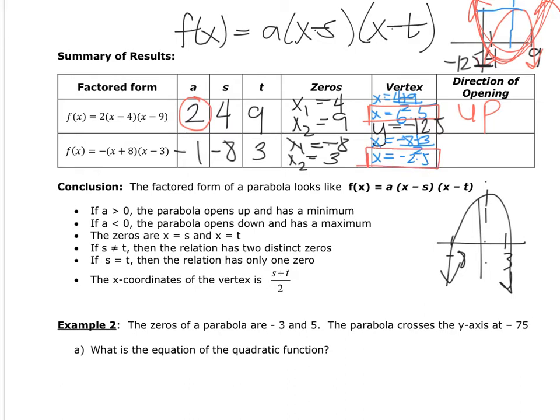So right over here, I've got negative, instead of x, I'm going to write negative 2.5 plus 8, and then negative 2.5 minus 3. And we've got y equals 30.25. So our coordinate of our vertex is negative 2.5 comma 30.25. The direction of opening, because our A is negative, this must open down.